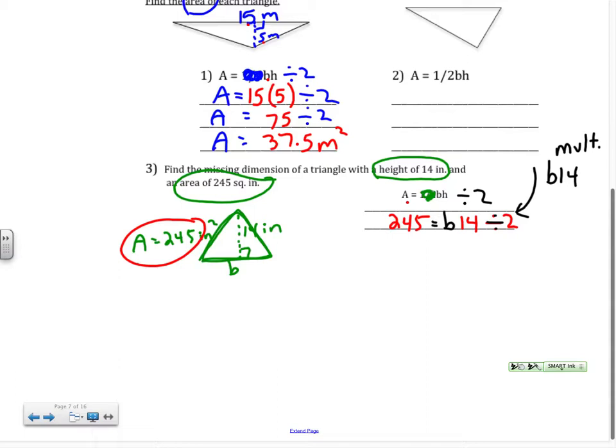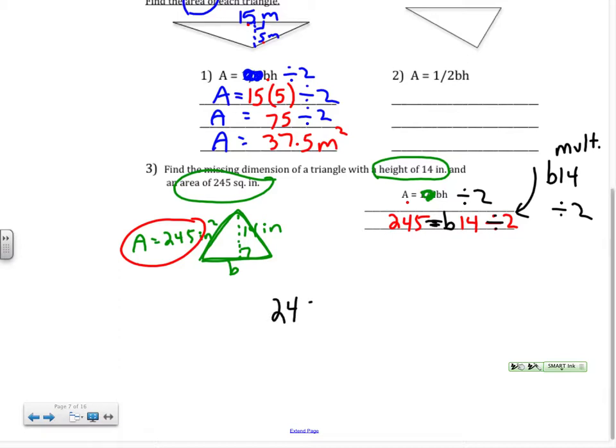I want to get rid of 14, and then I want to get rid of 2 on the right side of the equal sign. So if I wanted to work backwards, instead of multiplying, I would divide, and instead of dividing by 2, the opposite is multiplication. I can use my calculator.